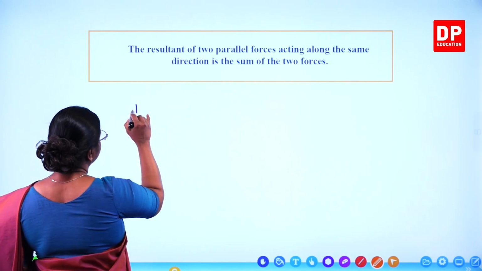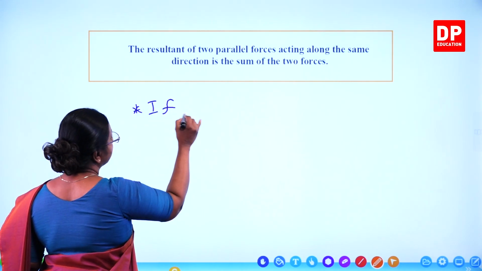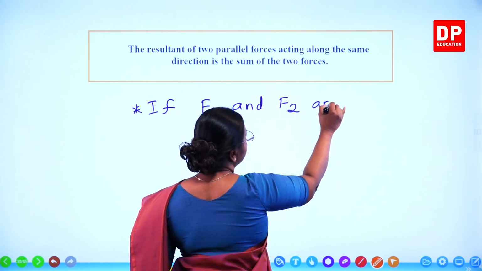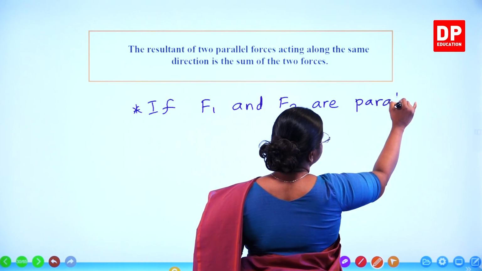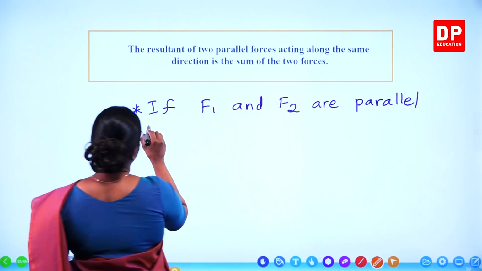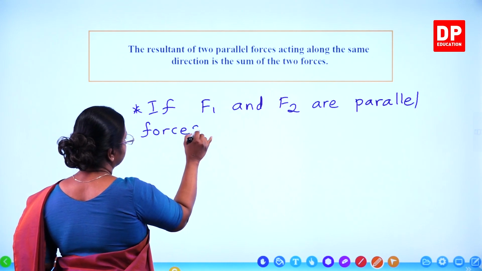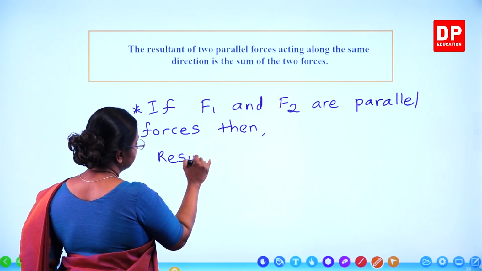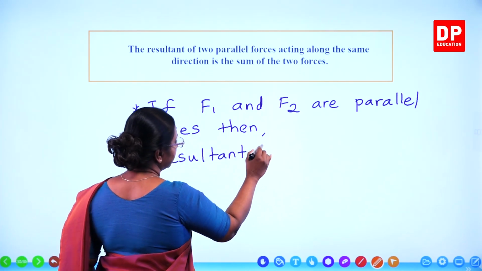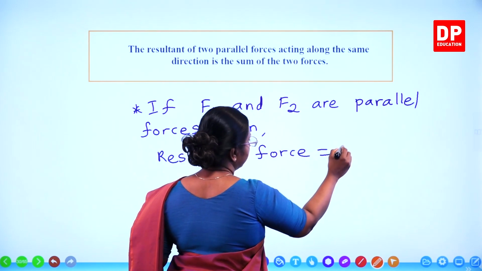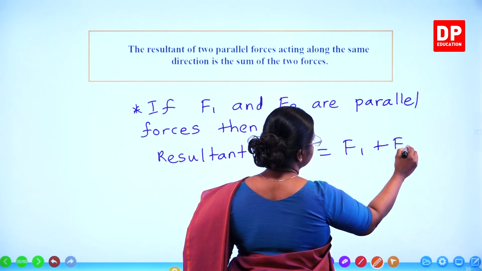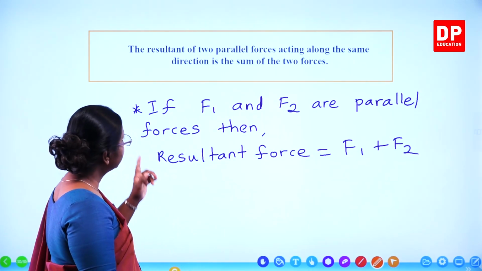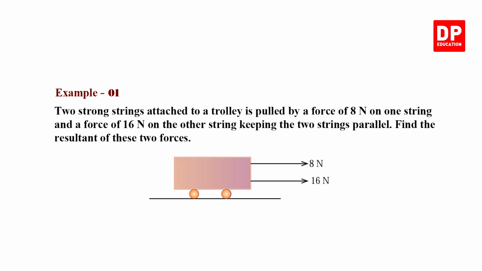So, if I write that again here, if F1 and F2 are parallel forces, then resultant force equals F1 plus F2. That is what is given to you here. So, with that, students, we will move on to the calculations.